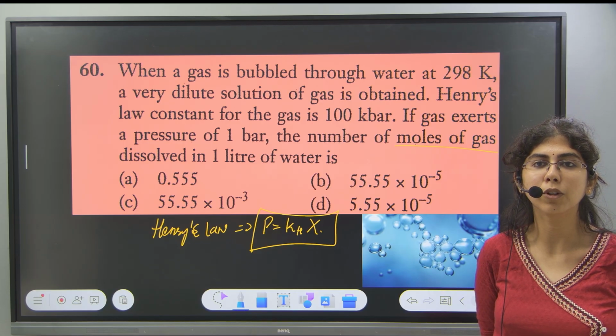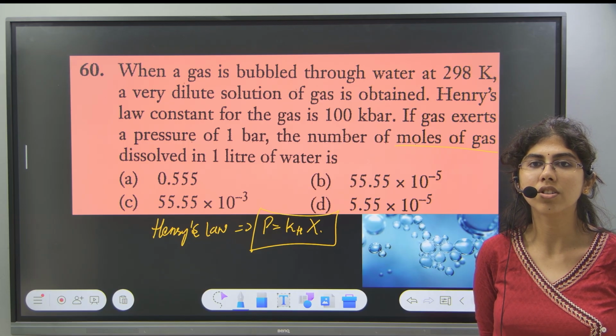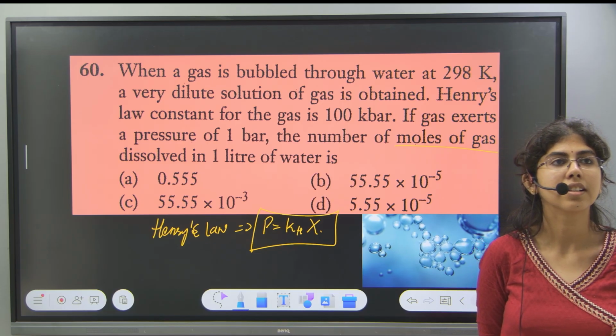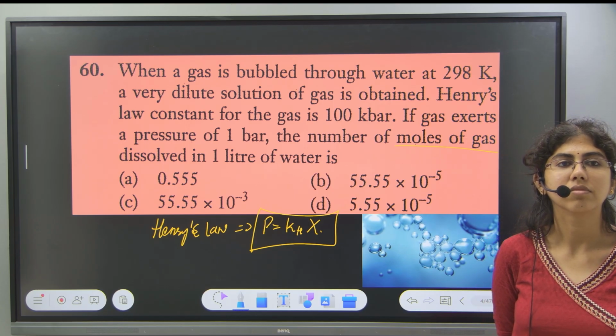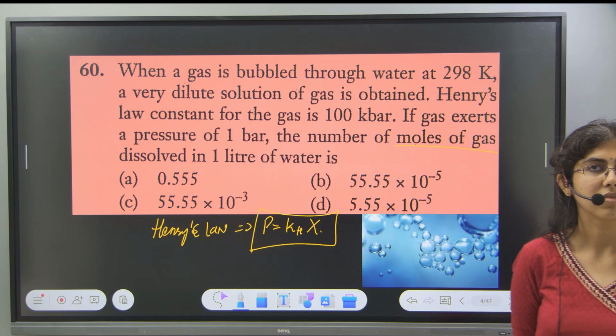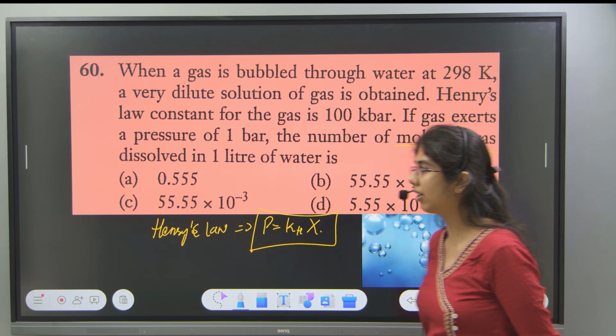Is anybody from New PU college? Nippani, anybody? Did you get the answer?